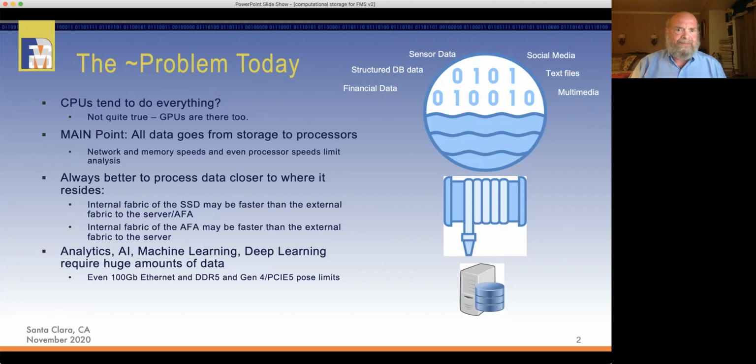To do that today is kind of the problem. The data is sitting in storage. That could be just SSDs inside a server, or a hyperconverged infrastructure, or an external storage system like IBM produces. Wherever that data is, it has to be brought over a network, over interfaces, into the CPU.